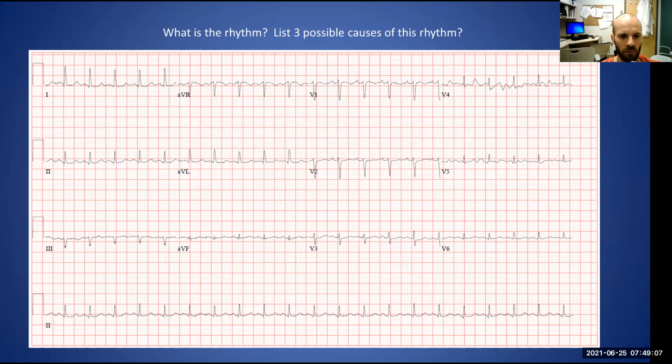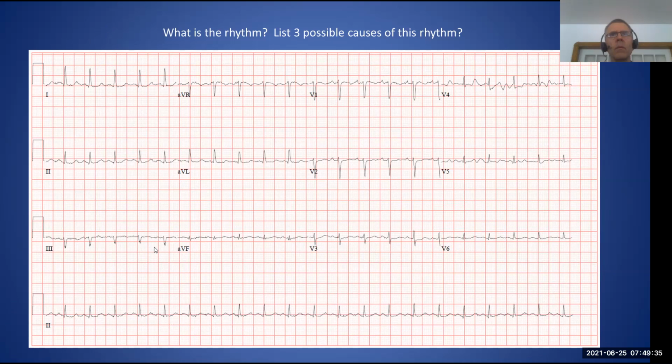So, for example, if you're trying to identify P waves, as we've just talked about, you're going to see the biggest deflections in leads which are parallel to the average wave of depolarization in that structure. So in general, in a sinus rhythm, the atria are depolarizing from the top to the bottom.